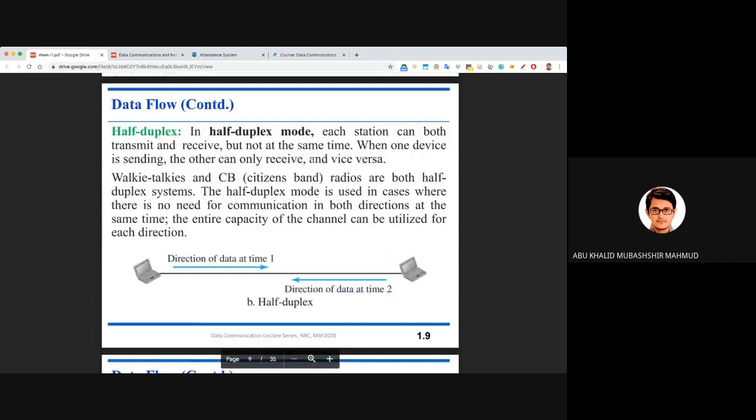Next we go to half duplex mode. Here the data can pass in both ways, from station 1 to station 2 and from station 2 to station 1, but not at the same time. If data is passed from station 1 to station 2, then the data cannot flow from station 2 to station 1 at that moment.